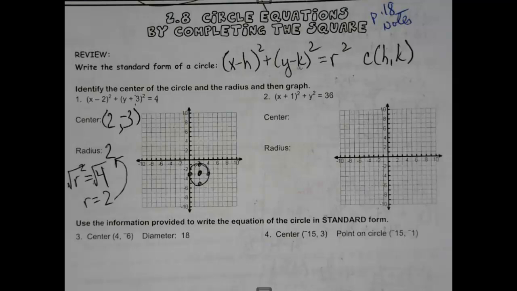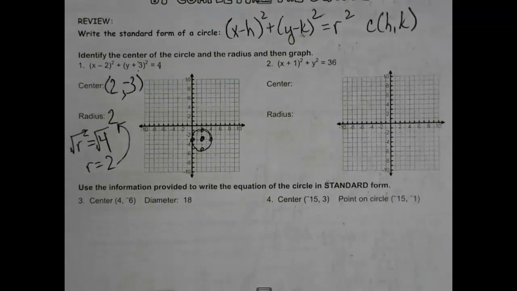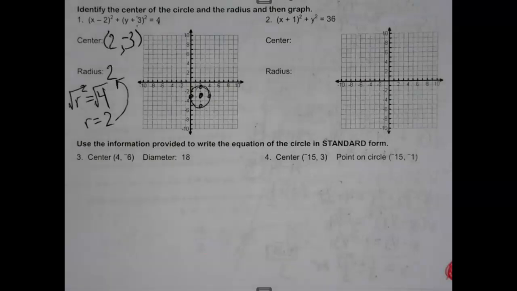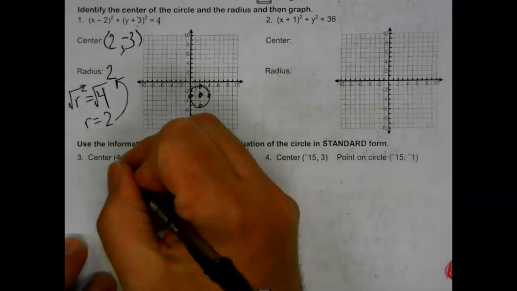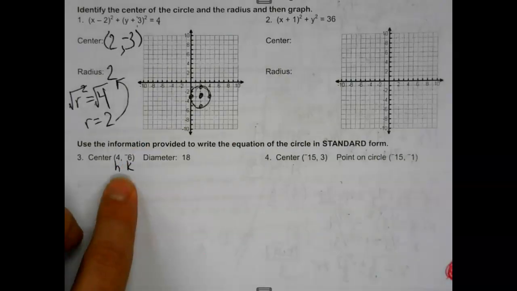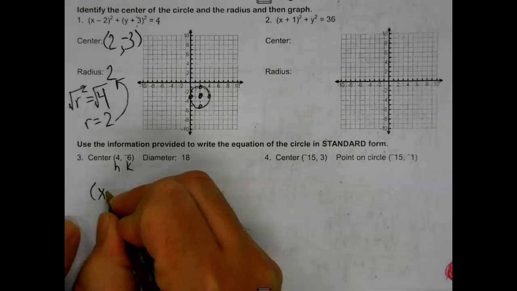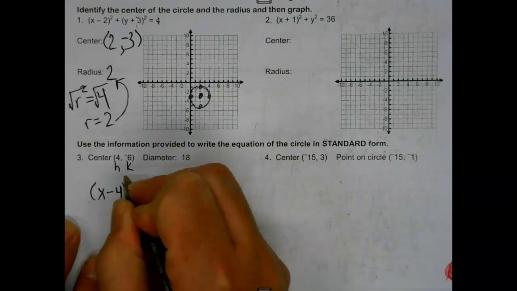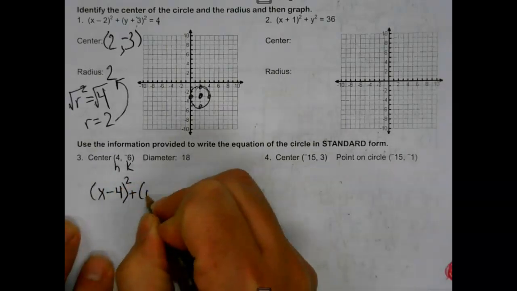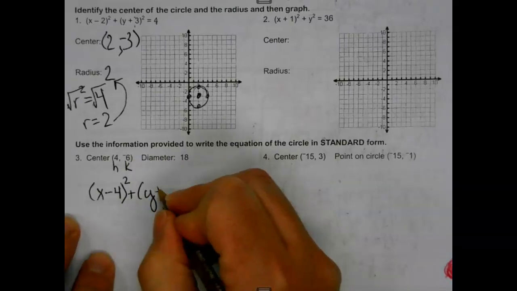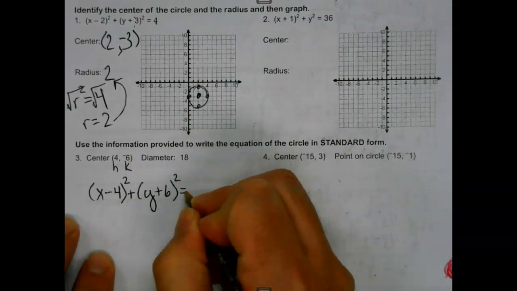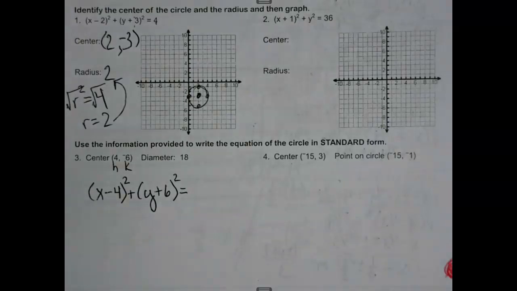So what if I'm given other info? A couple of reminders again, because you know how I work on quizzes or tests and things down the road. Things tend to miraculously show back up. So I'm given the center. That's always nice. X opposite of H squared plus Y opposite of K squared. Oh, be careful.